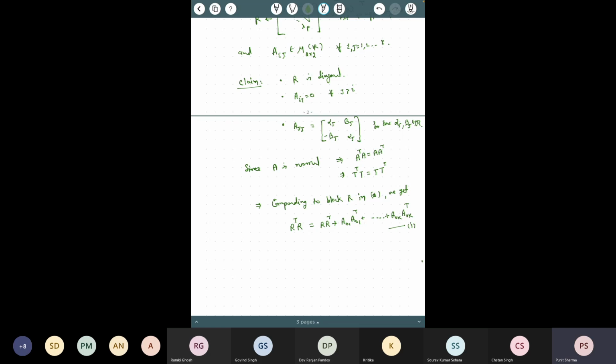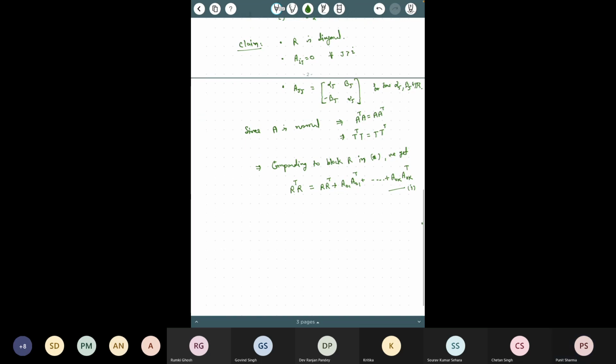Okay, so let's say I take the trace of both sides. Or maybe I'll just give you this idea and then you can verify yourself, because we don't have much time. If you take the trace of both sides, it would be the trace of R transpose R on the left, and the trace of this sum on the right. But the trace of a sum is equal to the sum of the traces.